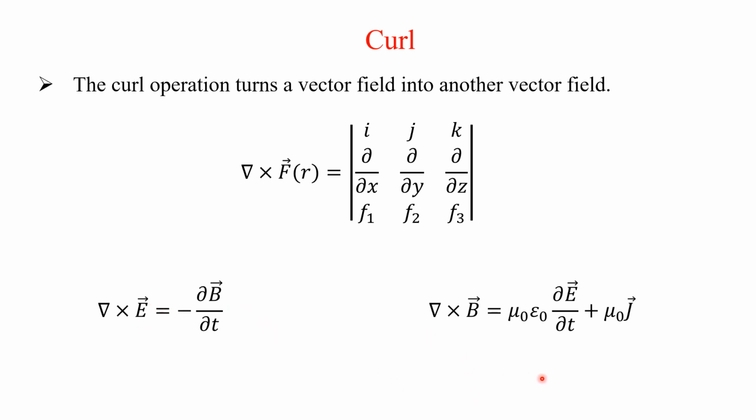Similarly, curl B is equal to mu naught epsilon naught times the partial time derivative of E plus mu naught J. Here E and J are vector quantities. So B turns into E and J. So the curl converts one form of vector into another form of vector ultimately.